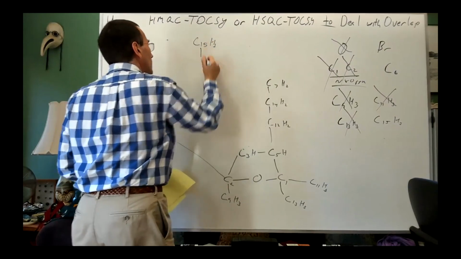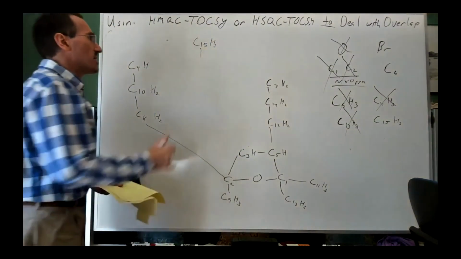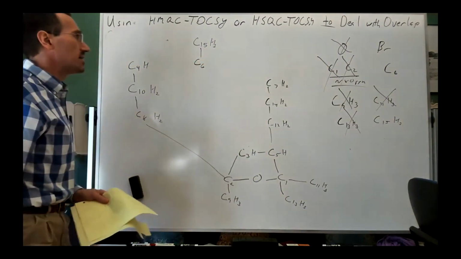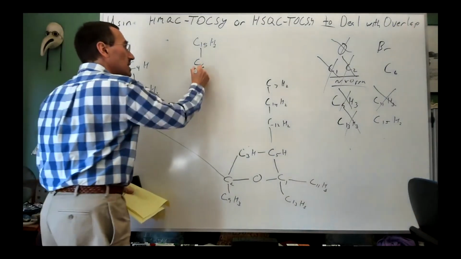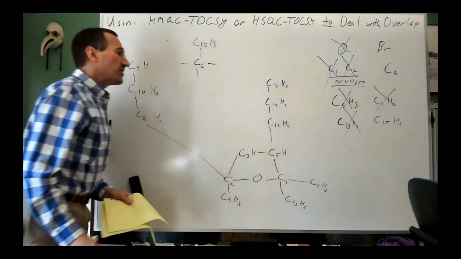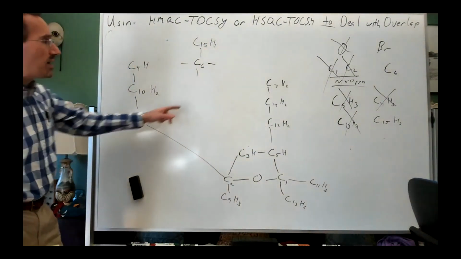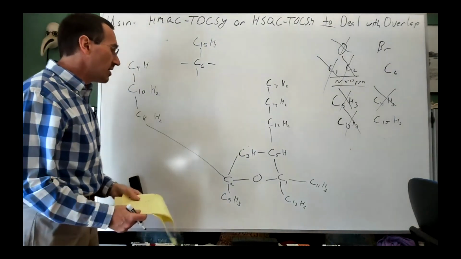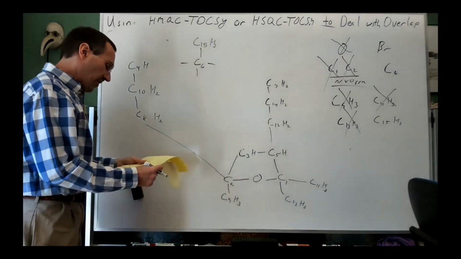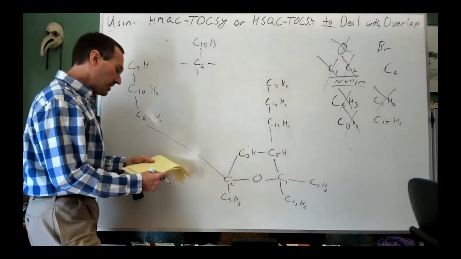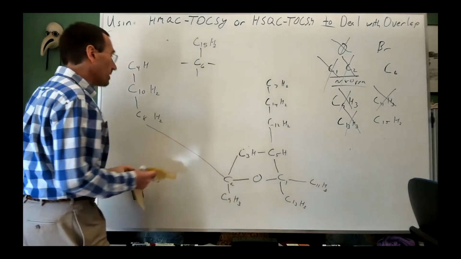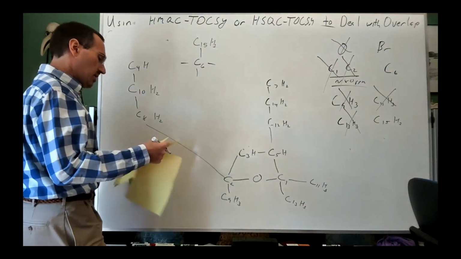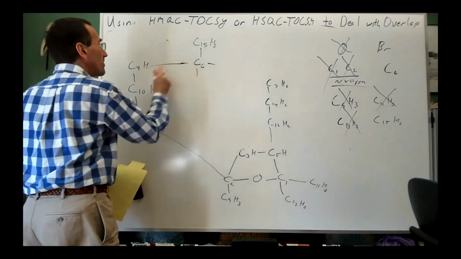C15H3 over here, and we know it's got to be on a quat, and in fact, we see what looked like a cross peak to C6. C6 has 3 valences on it. We weren't quite sure whether it was crossing with C6 or C7, but when we look at all of our valencies here, we had a cross peak with C4.